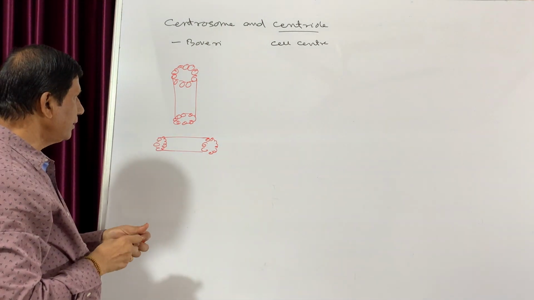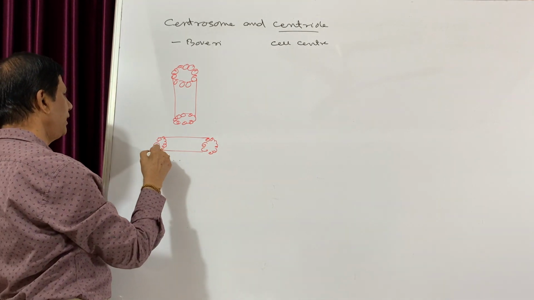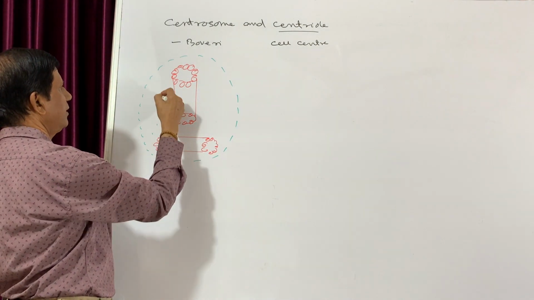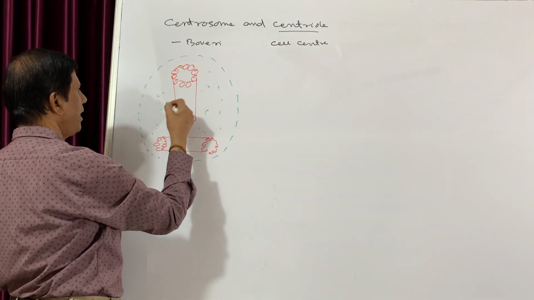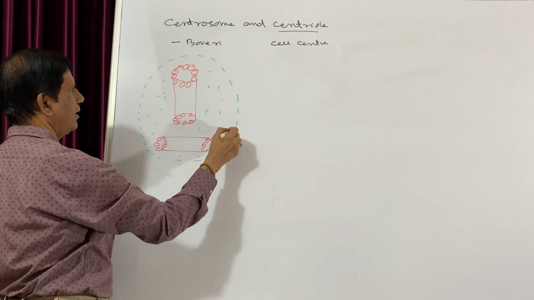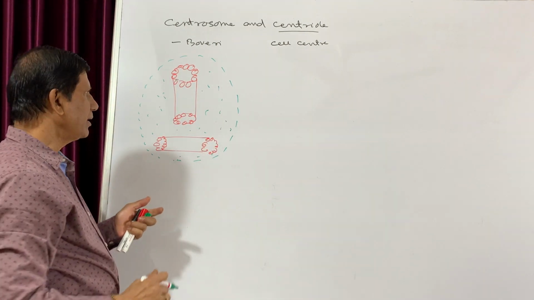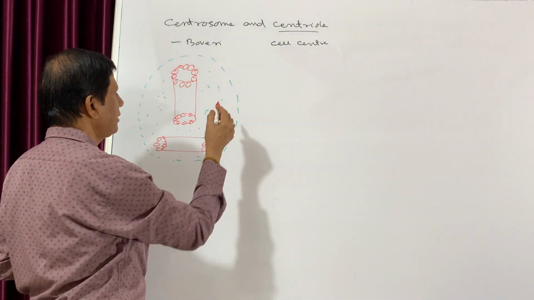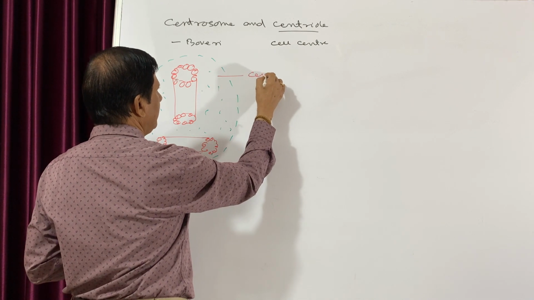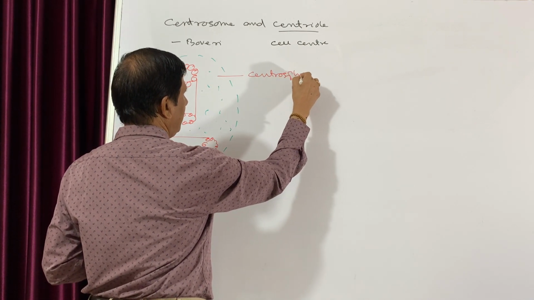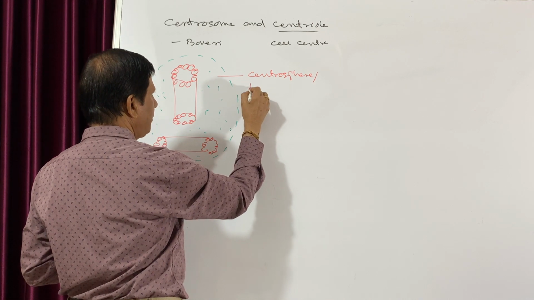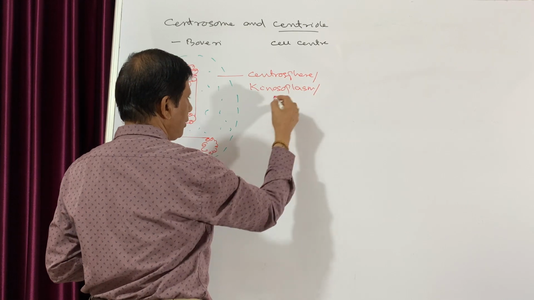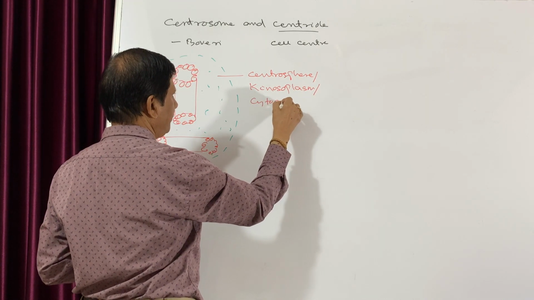And these two, they are surrounded by a proteinaceous amorphous matrix. That means both these centrioles, they are suspended in an amorphous matrix, and this matrix is known as centrosphere or gynosoplasm, or also known as cytocentrum.